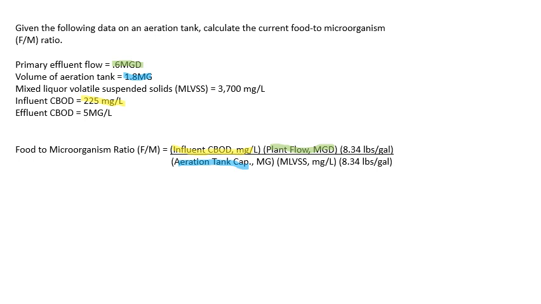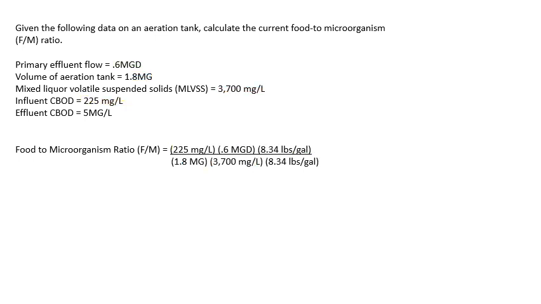And for our MLVSS, 3,700 milligrams per liter. As you can see, they gave us our effluent CBOD. That was just extra information you didn't need. Like I said, just plug all your stuff into where it goes.